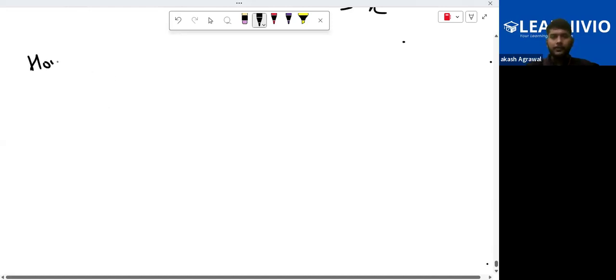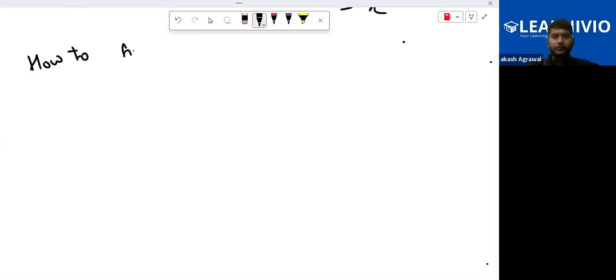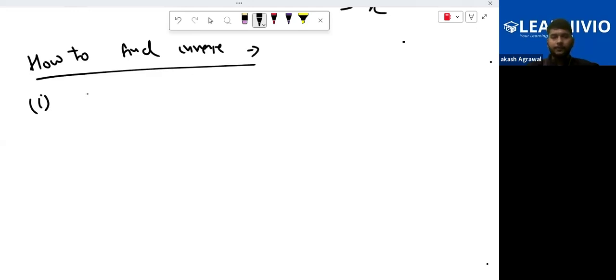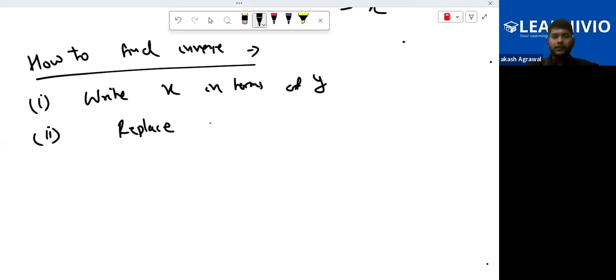How to find inverse? Inverse we find in 2 steps. Write x in terms of y. Replace x with y.